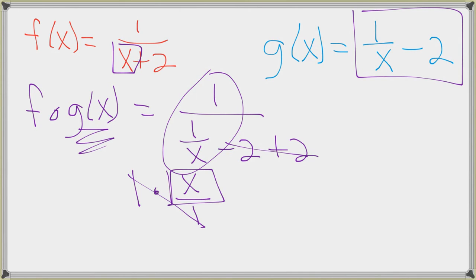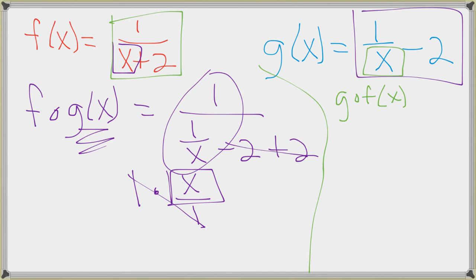So we're not finished yet because we have to check the other one and verify that when we plug f into g that it's still going to cancel. So g of f of x is, take the whole red function, 1 over x plus 2, and plug it into the blue function. Ugly fraction, but it's okay.